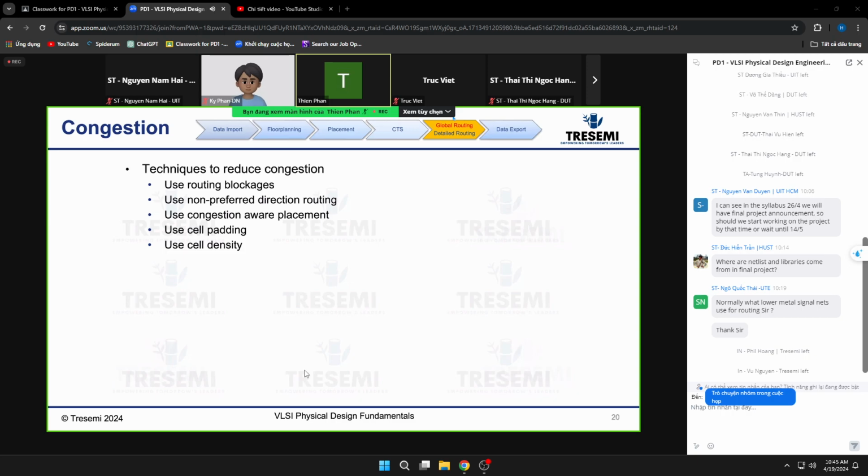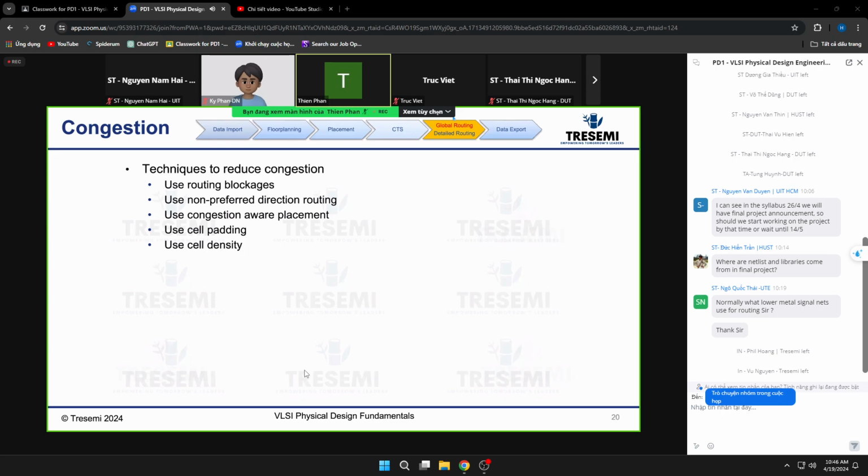I think Matt already mentioned there are two numbers that go hand in hand. You look at the worst negative slack, the WNS, and you look at the TNS, which is the total negative slack.